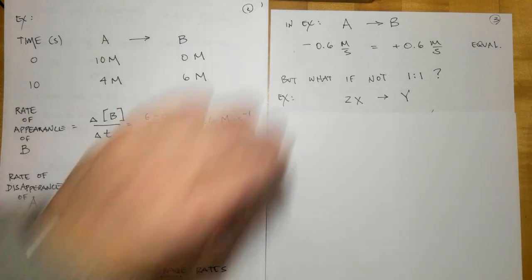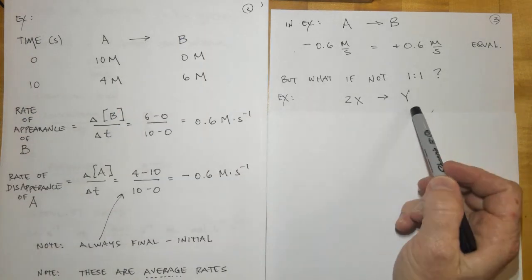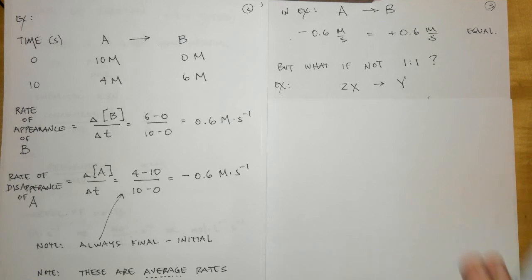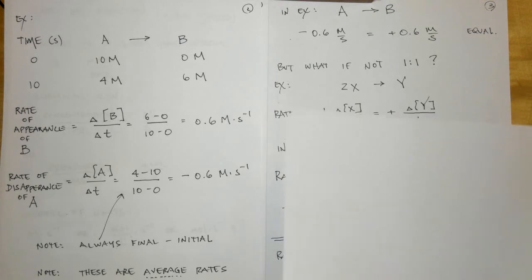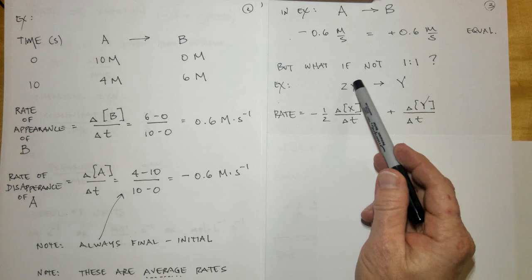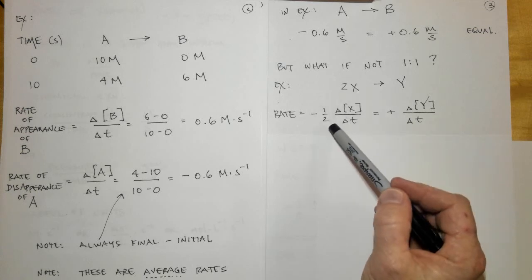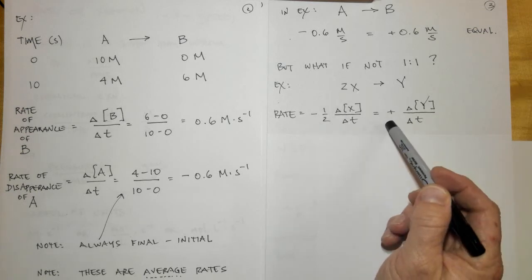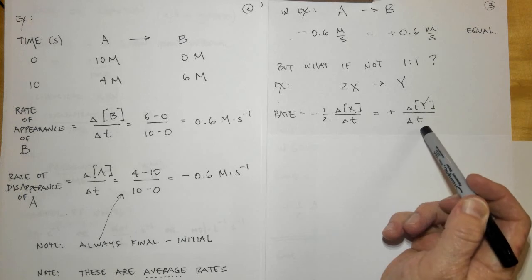Like, for example, let's say we have 2X goes to Y. Well, then what we'd have to do is take X and divide it by 1/2. And so the disappearance of X would be 1/2 of the appearance of Y with respect to time.